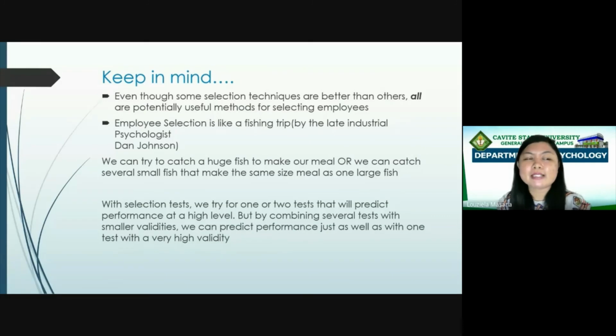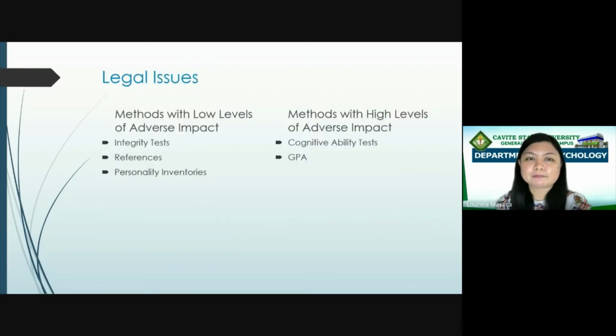But by combining several tests with smaller validities, we can predict performance just as well as with one test with a high or a very high validity. So it would be better to combine different selection methods in order for us really to select the best among the rest, the best among all the applicants who applied for a certain position.